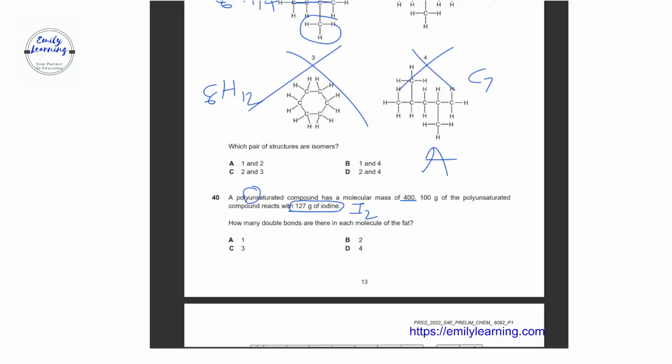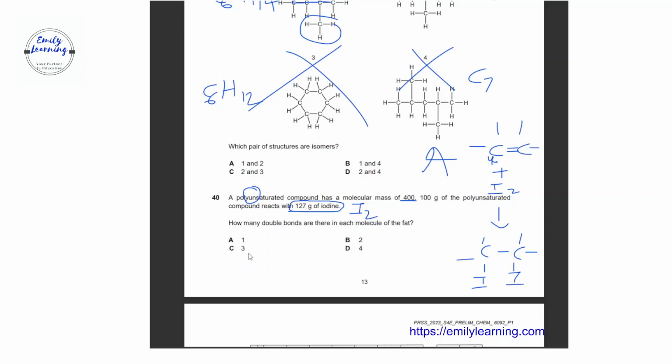If you have 1 C=C double bond, it will react with 1 mole of iodine, then it forms something like this, I and I. Whatever is here remains. So 1 C=C double bond will react with 1 mole of I2.